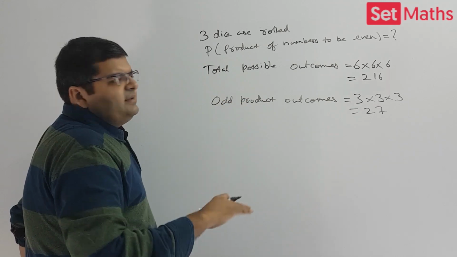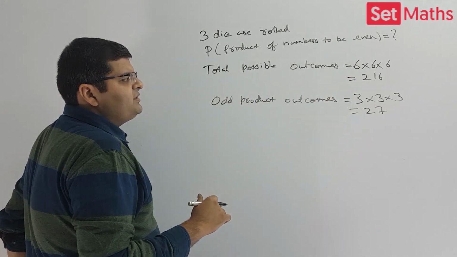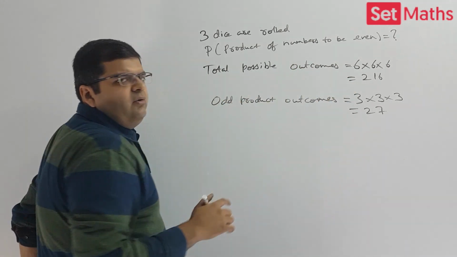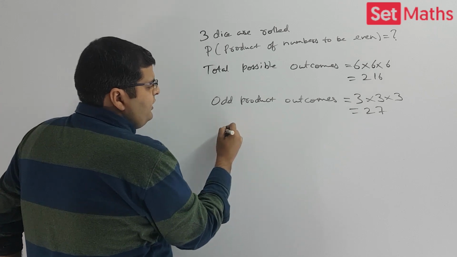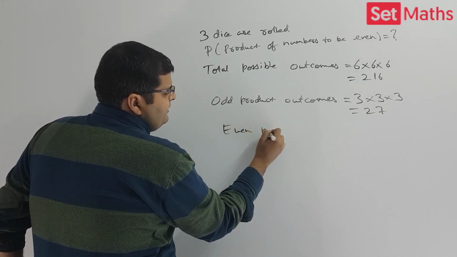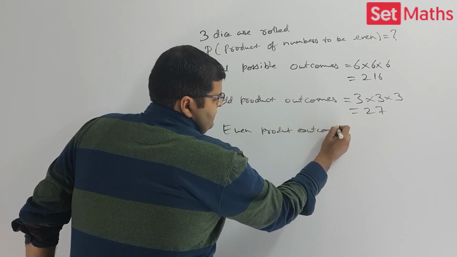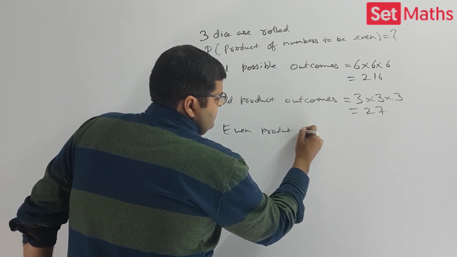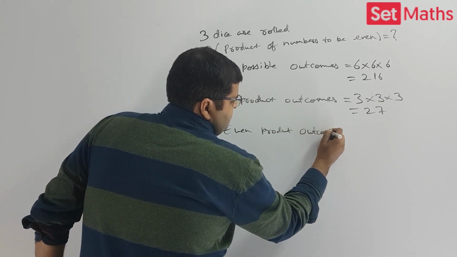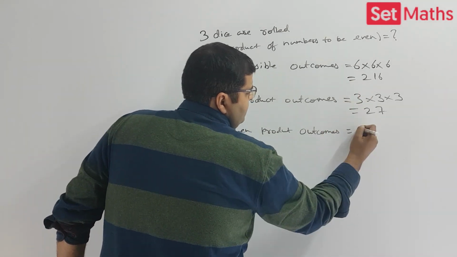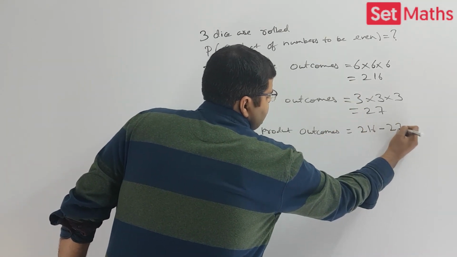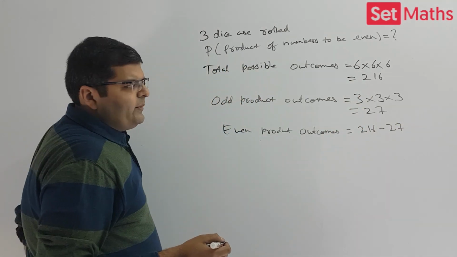So in all there are 216 outcomes. Out of that, in 27 outcomes the product is odd. So even product outcomes will be total, which is 216, minus odd product outcomes, which is 27.